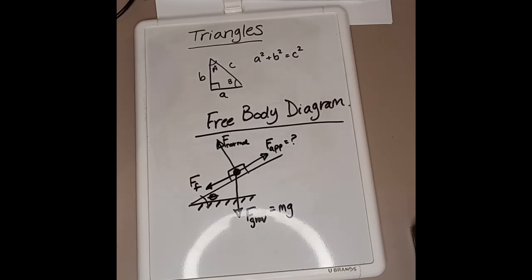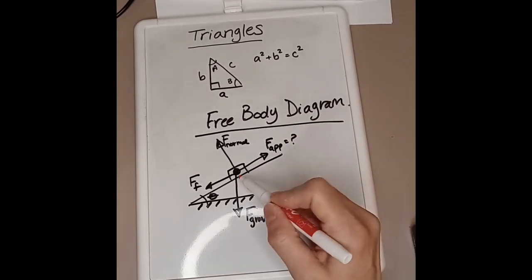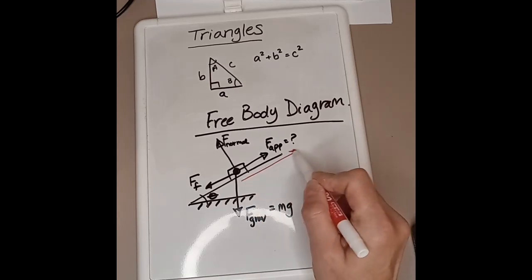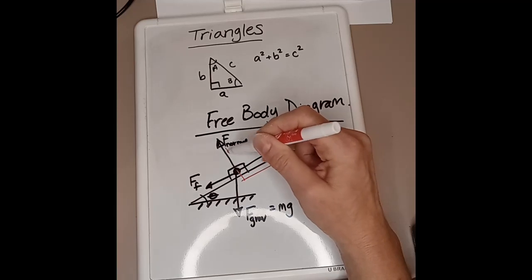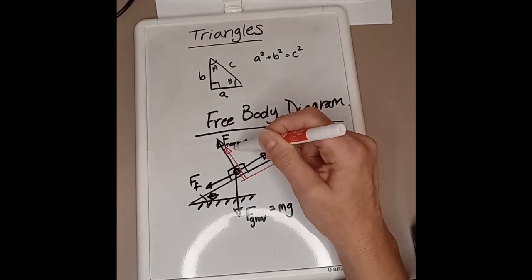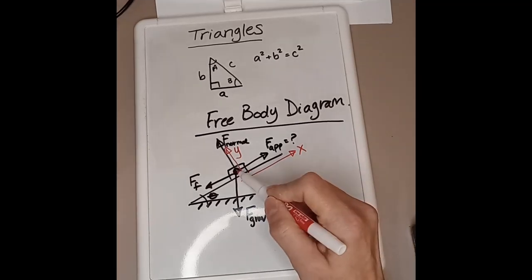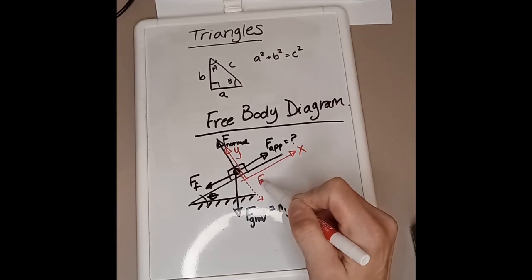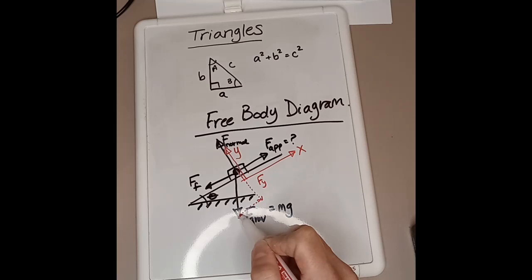We haven't really talked about vectors yet, but for example, this gravitational force, as it acts downward, you set your XY coordinates so that this is your x-axis and this is your y-axis. So this gravitational force now has a component acting along the y direction and a component acting along the x direction.